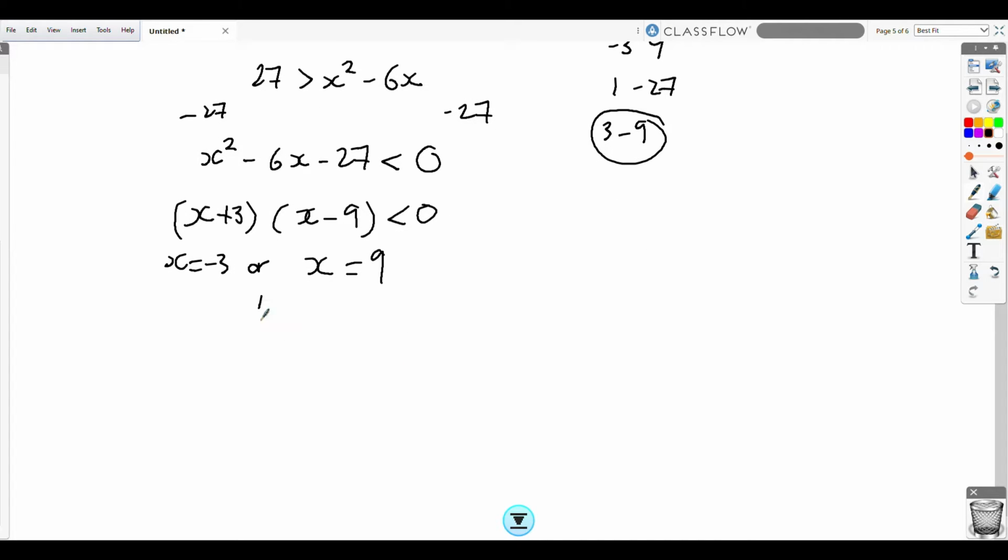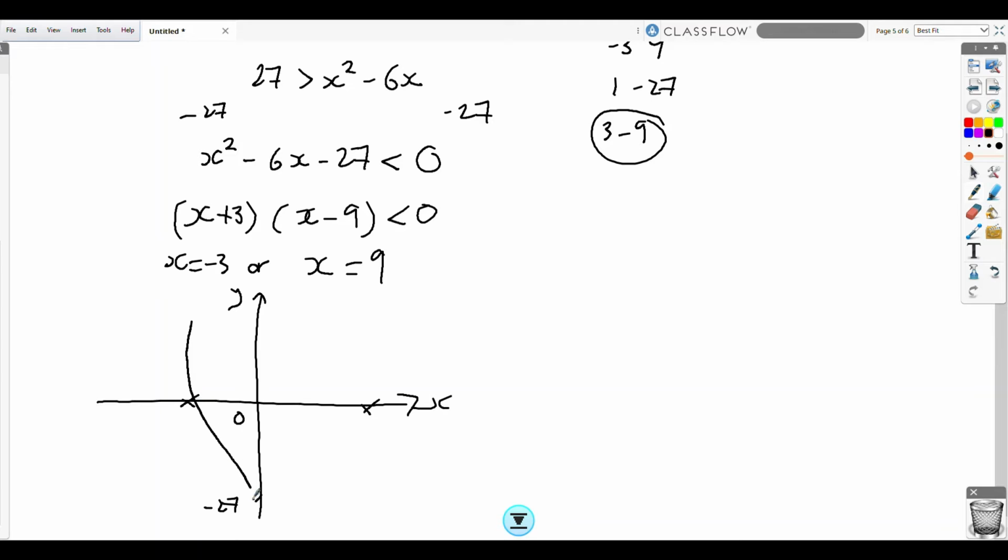So then let's sketch the graph. So once again, you know it's positive, since it's a positive x squared, it crosses at minus 3 and then 9, so the bottom is going to be somewhere around here, and the intercept is minus 27. So we're going to go down like this, and then up like that. 9, minus 3.